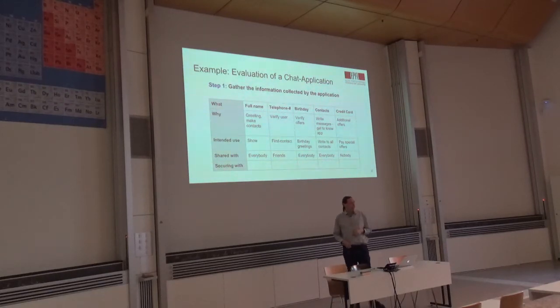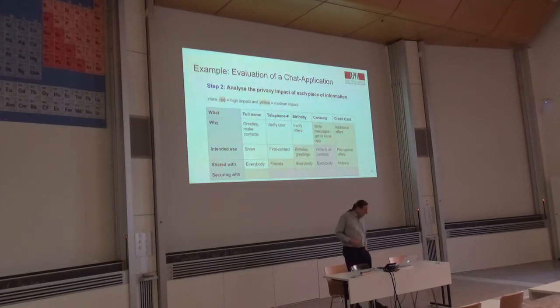Chat applications often want a telephone number to verify that it's a real user, that it's not a fake account or a single user creating many accounts. Birthday to verify offers or to make sure you don't try to sell alcohol to someone who's underage or something like that. So all kinds of things like that you have to consider.